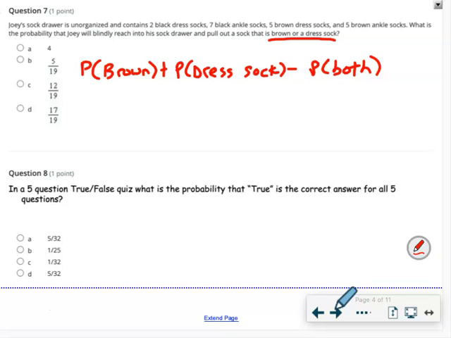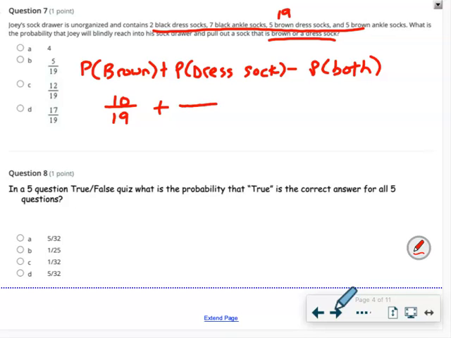One thing I should have done right away is get a total. There's 19. If you add up 2, 7, 5, and 5, that's 19 total. So out of 19, there are 5 and 5, so 10 brown socks, plus the amount of dress socks out of 19.